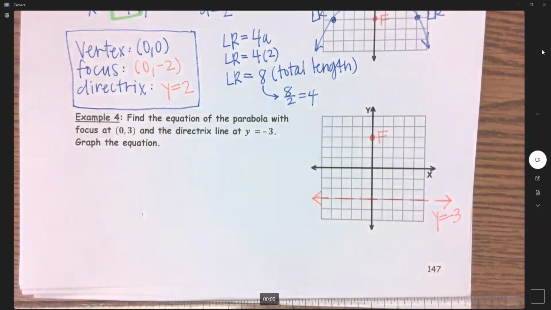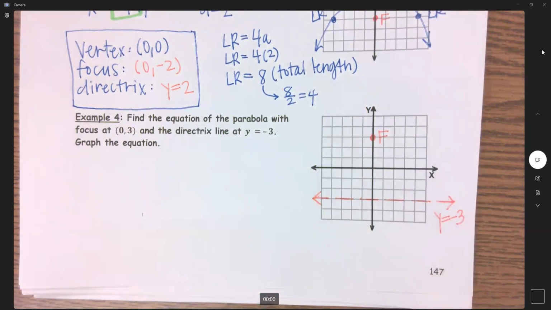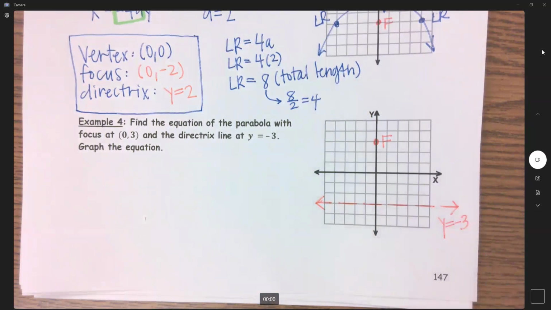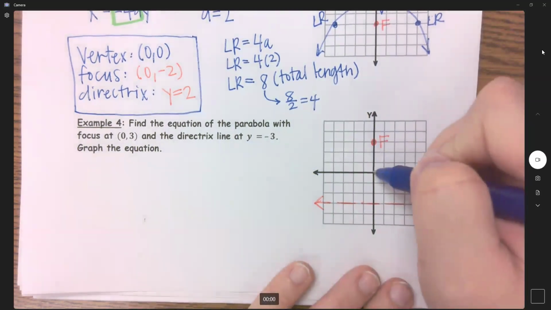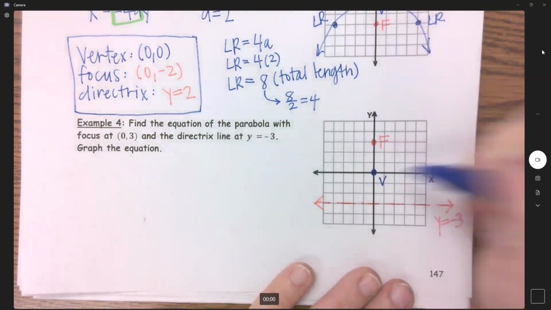Now, as I'm labeling that directrix every time, I do expect you to do that as well. So this one doesn't tell me where my vertex is, but I do know my vertex is in the middle of these 2 here. So where is the middle? Right here at the origin.